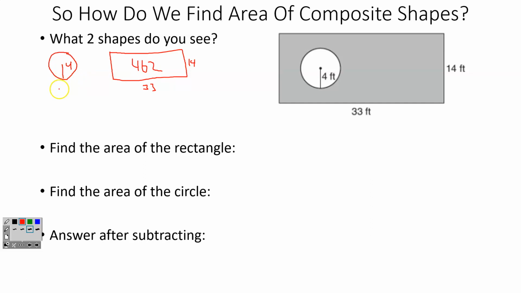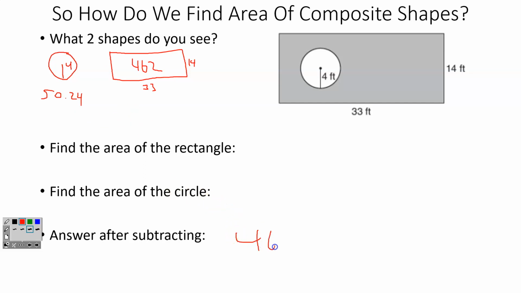Find area of a circle, it's pi r squared, because it sounds like area to me. So pi, 3.14, times my radius, which is 4, squared, is 50.24. Now, because they're overlapping, the circle is inside of the rectangle, we're going to subtract those. So we're going to take our 462 for our rectangle and subtract the 50.24 for the circle.